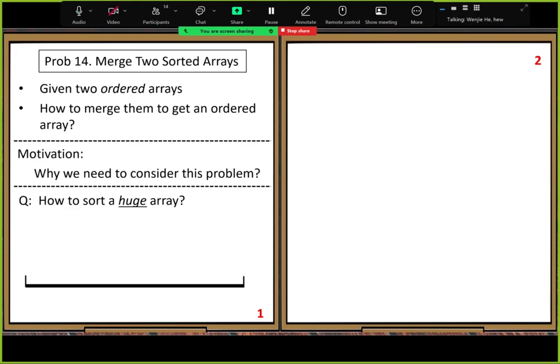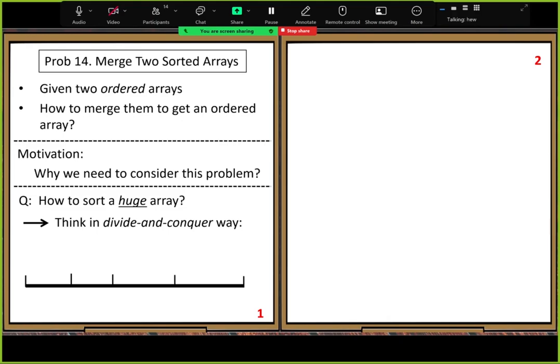Here, let me describe the whole idea. Suppose this line segment represents that huge original data. You cannot load it into your main memory at once. So we have to break it into smaller subarrays.